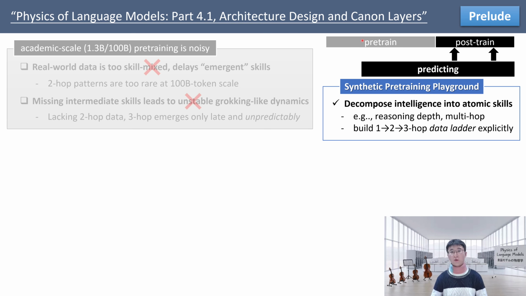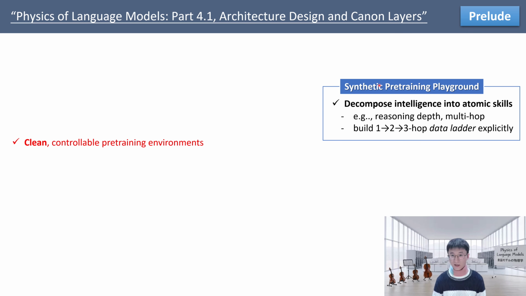Therefore, I propose to build our own synthetic pre-training data to mimic what will happen in that later stage. Once you have built such data, you can directly pre-train a model on your synthetic data and see which architecture is a better choice. This is the concept I'm using: the synthetic pre-training playground.